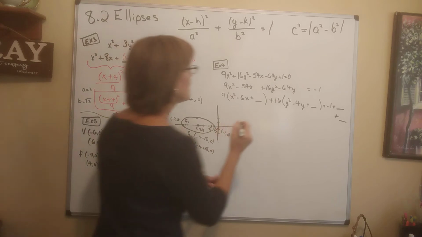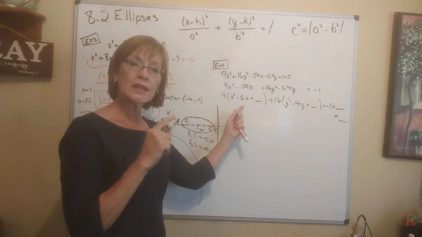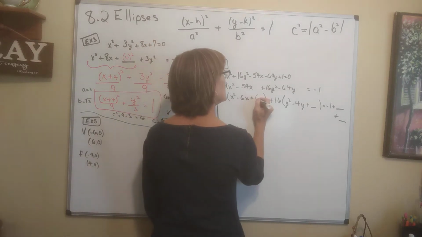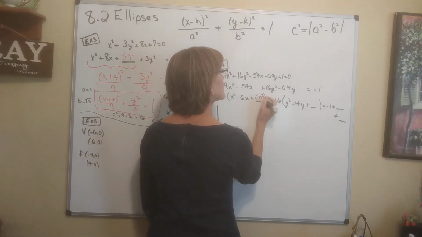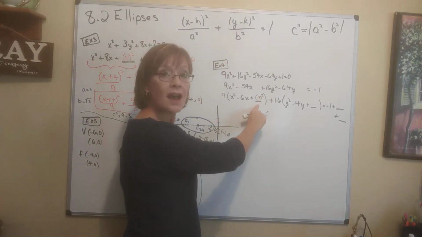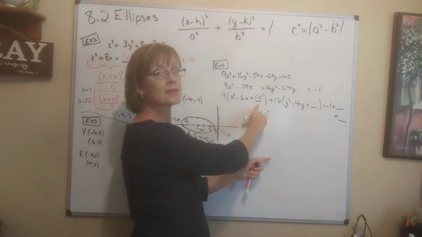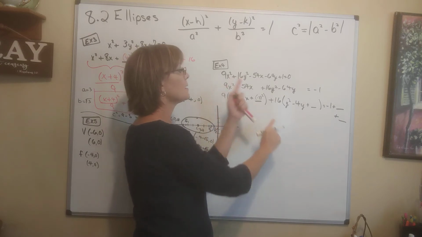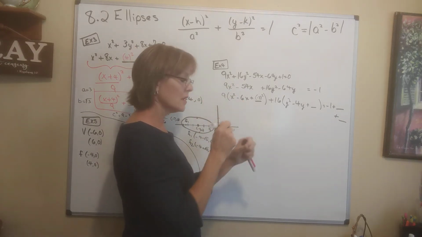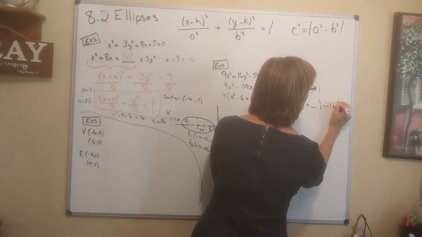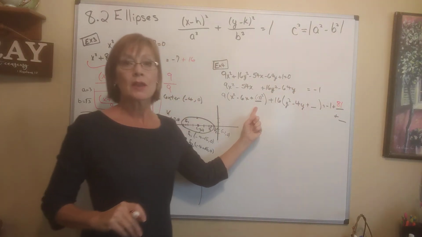So right here, b is equal to negative 6. Negative 6 divided by 2 is negative 3. So I'm going to be adding negative 3 squared. Okay, yes, that is 9. But I didn't just add 9 to this side. It's inside this parentheses. I added 9 times 9, which is 81. So really, I add 81 to the left, and I add 81 to the right to keep my equation balanced.